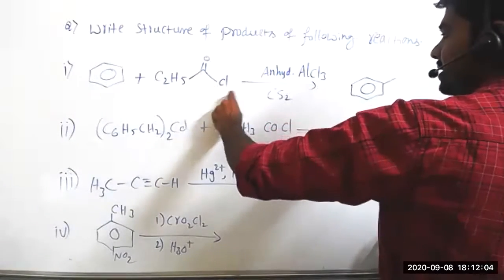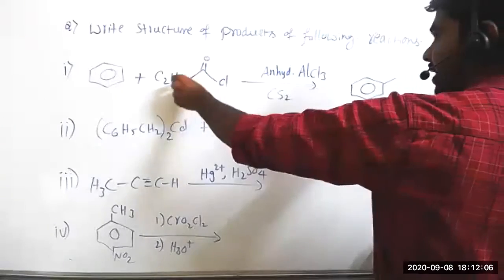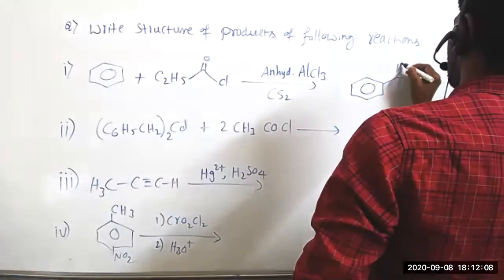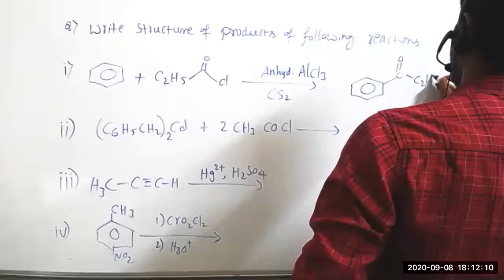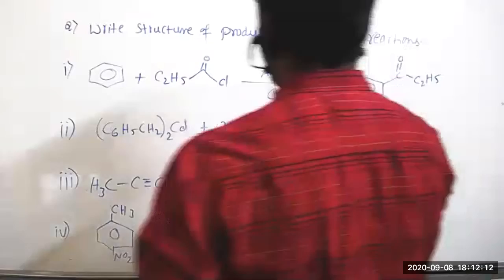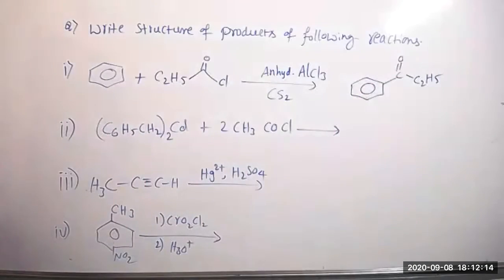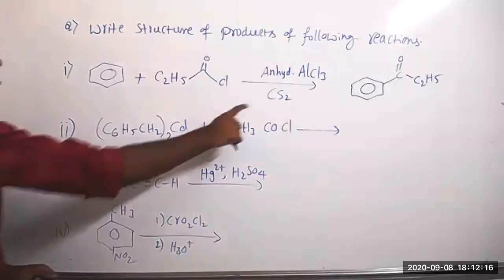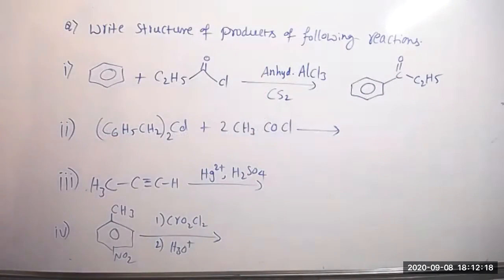Here chlorine is lost, so that carbon is attached, C double bond O, then C2H5. So this is the Friedel-Crafts acylation reaction. Don't get confused here. CS2 is just the solvent. It's not influencing the reaction.